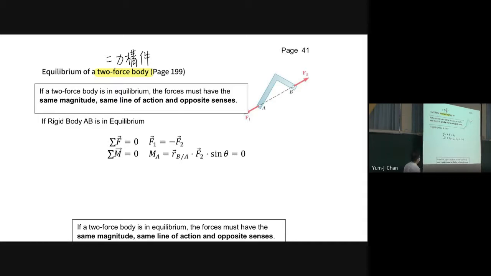So first of all, what are two force bodies? The definition has two parts. First of all, no couples act on the body.